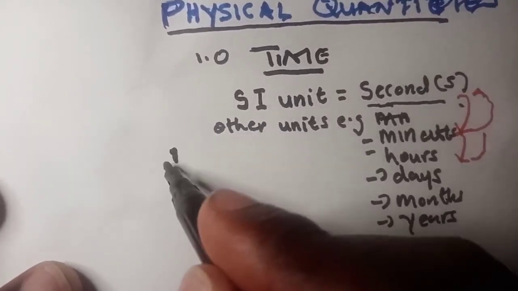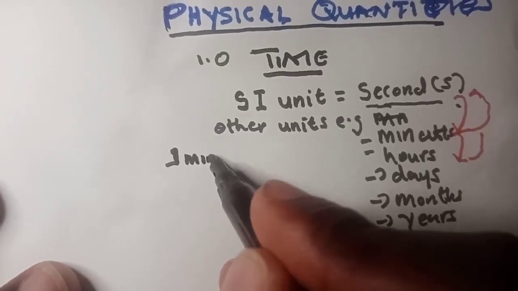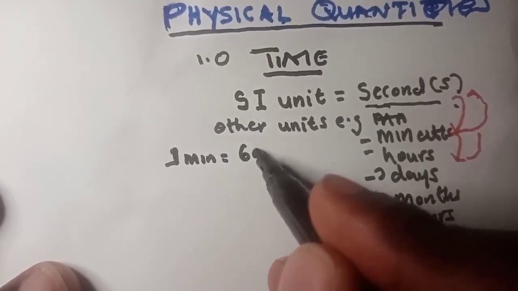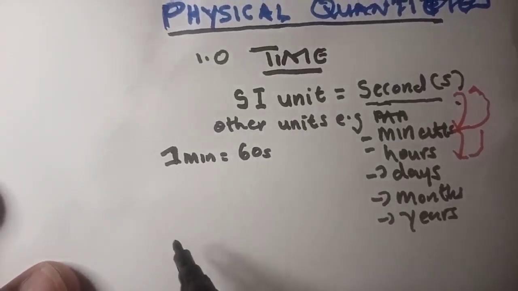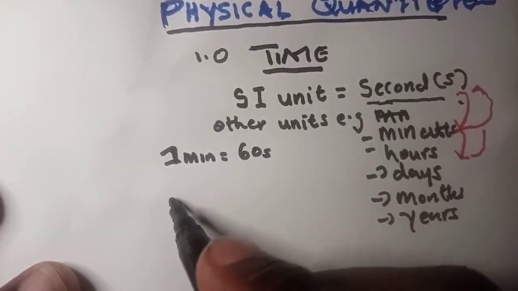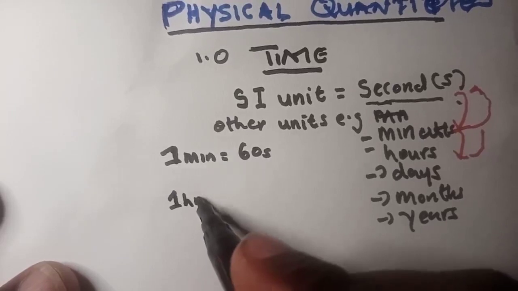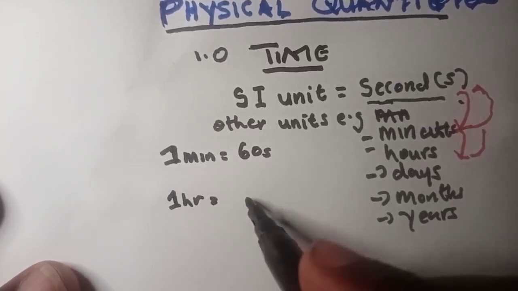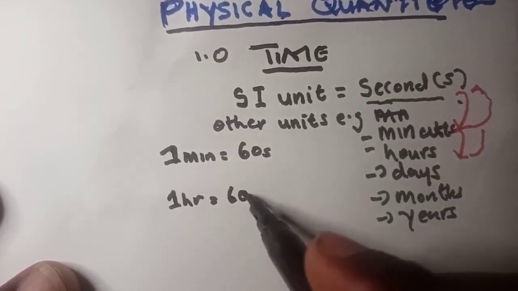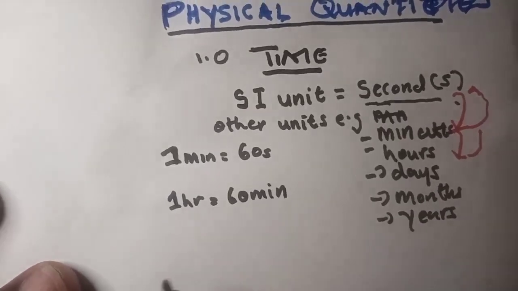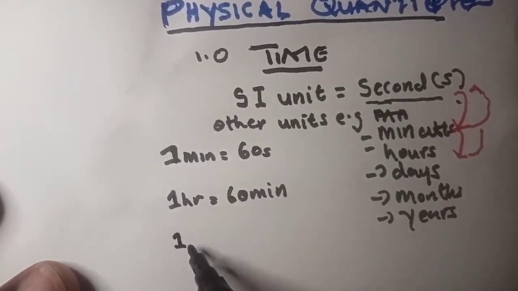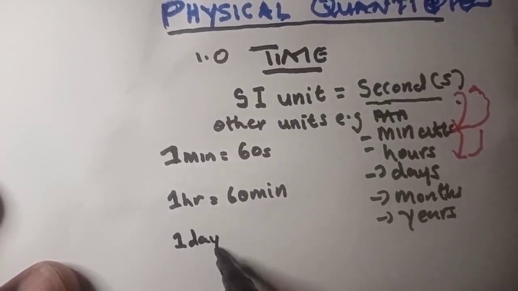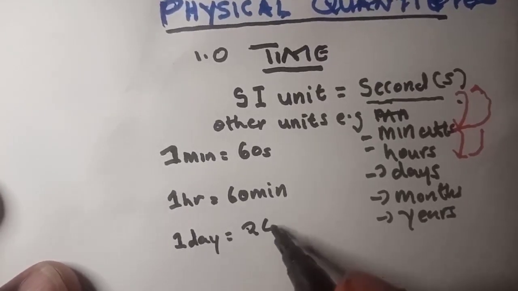So 1 minute is simply equal to 60 seconds. Then 1 hour is simply equal to what? 60 minutes. And 1 day is simply equal to 24 hours.